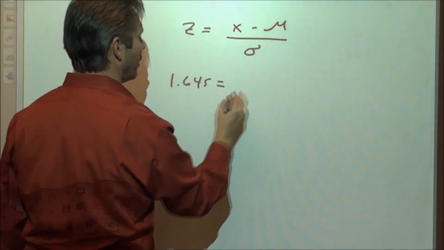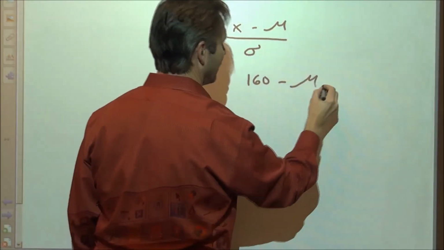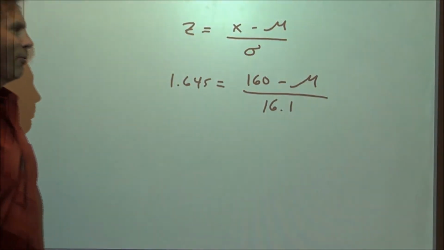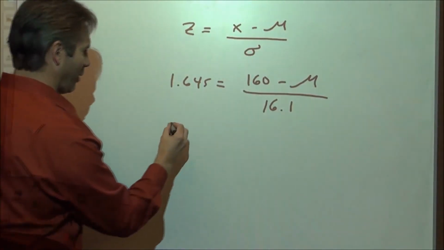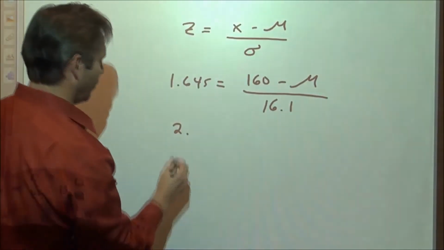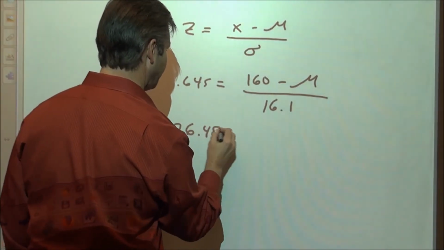The z-score for the time of 160 seconds was 1.645. We don't know the mean yet, but we know that the standard deviation is 16.1. Algebra time, we'll figure out what the mean is. Multiply both sides by 16.1, we get 26.485.